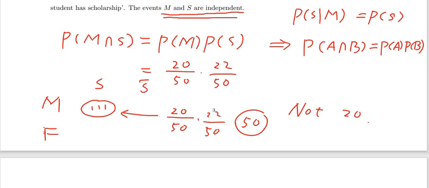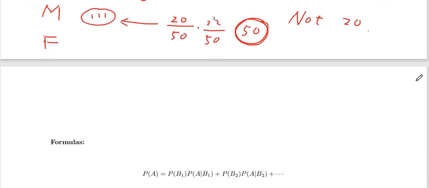P(M and S), okay, this means the probability among all people. What is the probability those two conditions are satisfied? Male and scholarship. So here we need to consider the total number is 50, right? 50 multiplied by the probability equals this number.